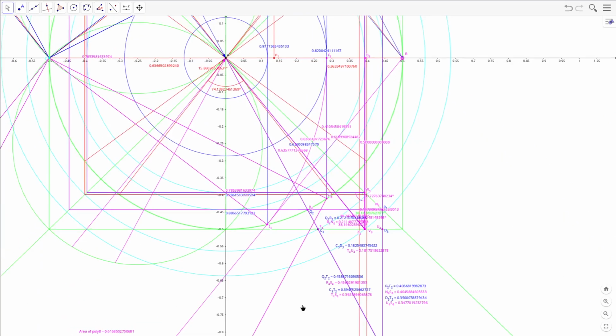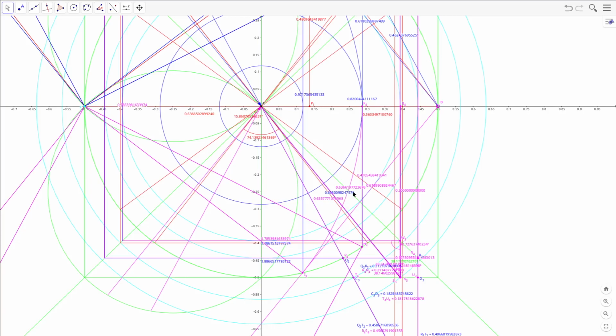So this part, this really proves that this value is wrong.